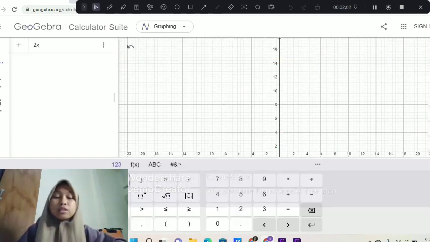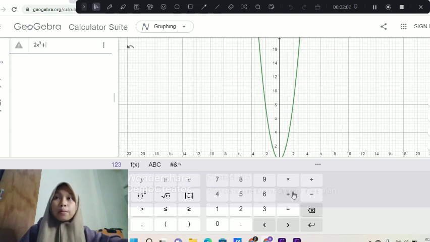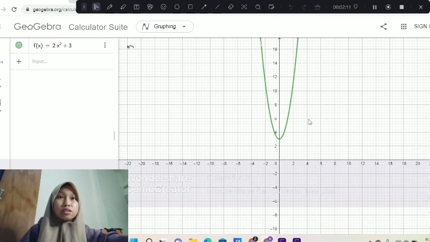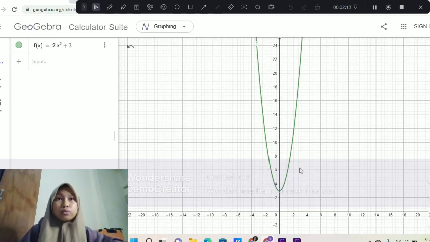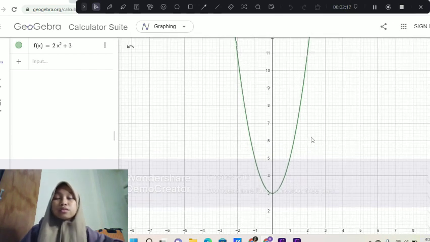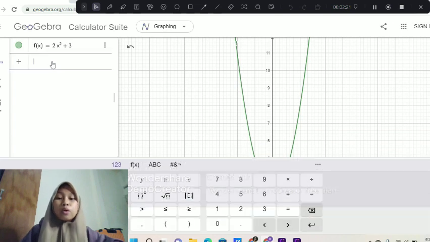Okay, the second function is f(x) = 2x² + 3, and the graph of the function is like this, like a U. To prove whether this function is injective or not, same as the first function, we must check with a horizontal line. So take y = 7.